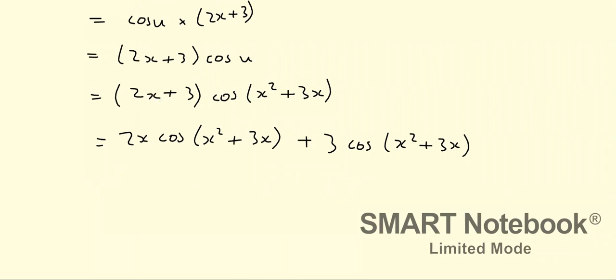So here I'm going to write the wrong answer. If you wrote 2x plus 3 cos(x squared plus 3x), that would be wrong because we need to multiply all of this by cos of x squared plus 3x. We need the brackets, and that's why this is wrong.